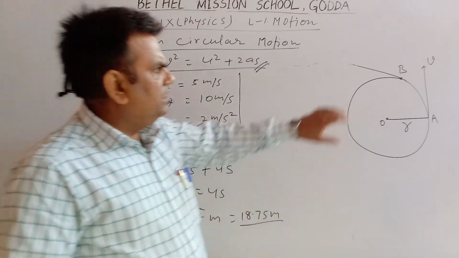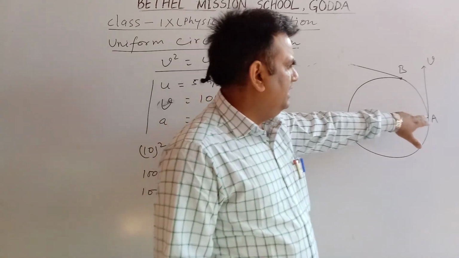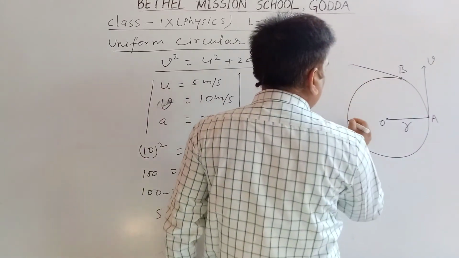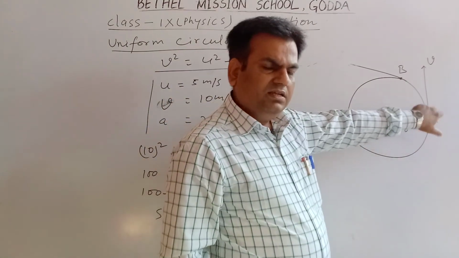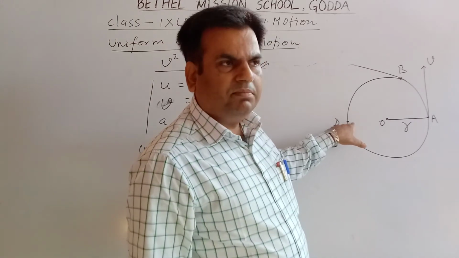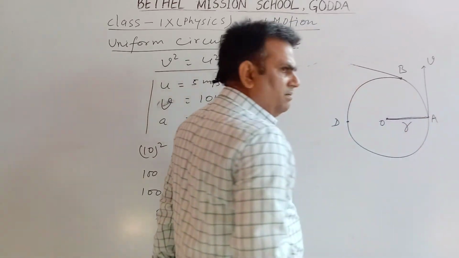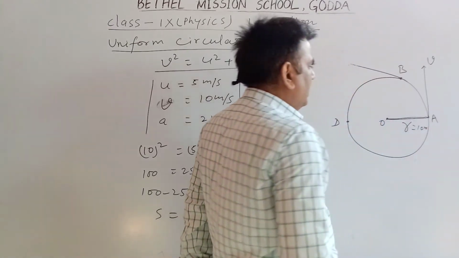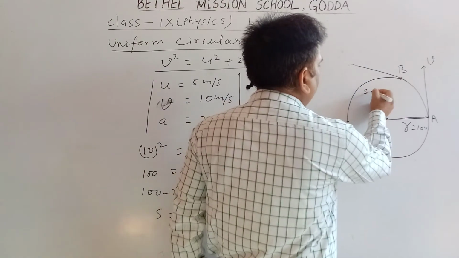Suppose that one object is starting from A on a circular path and reaches point D on the circular path, and the radius of this circular path is 10 meter, and the time taken by the object from A to D is 5 seconds.